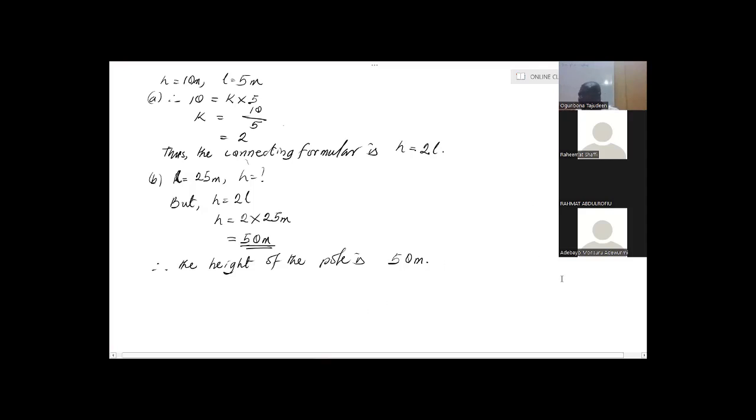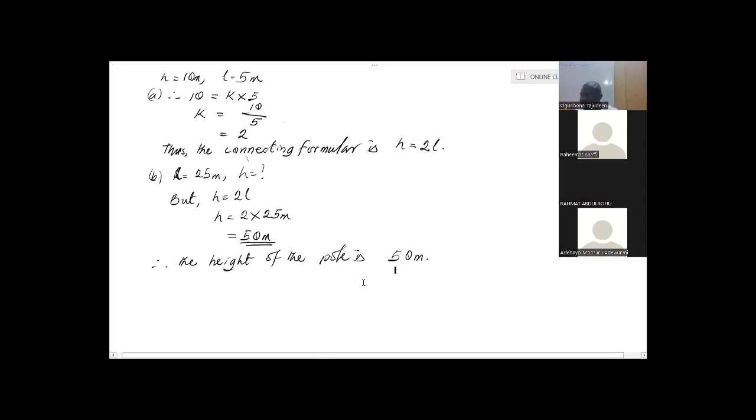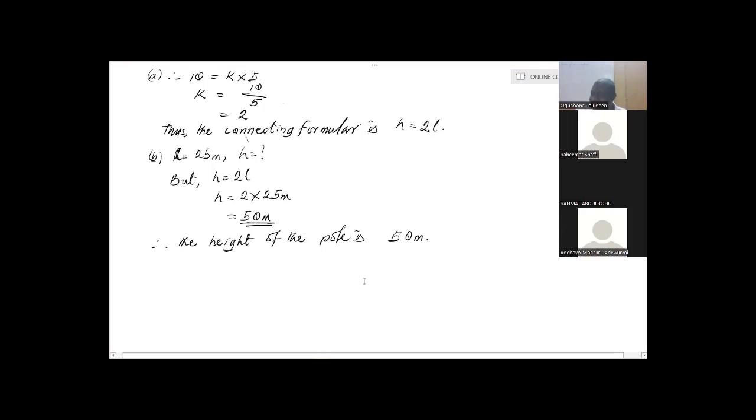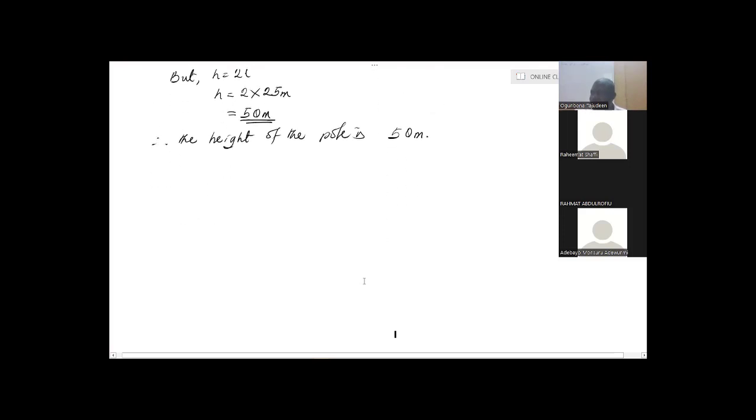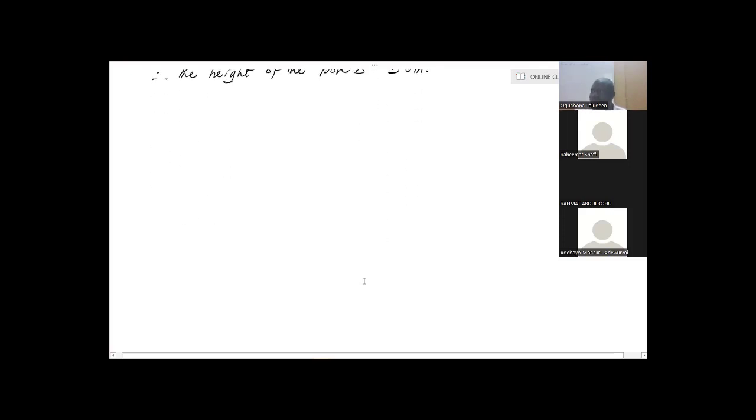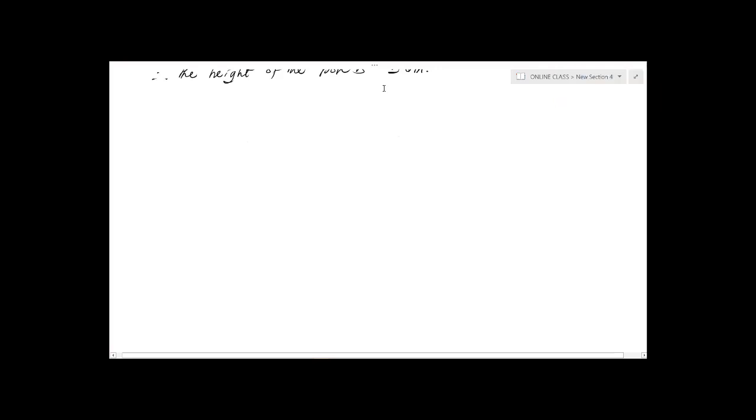So now the next thing we are going to is the indirect variation. The same process we did just now. So that's number 2 of the work.